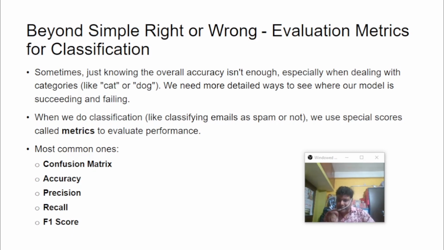When we do classification, we use special scores called metrics. There are 5 types of important metrics. One is confusion matrix, second one is accuracy, third one is precision, fourth one is recall, and fifth one is F1 score.